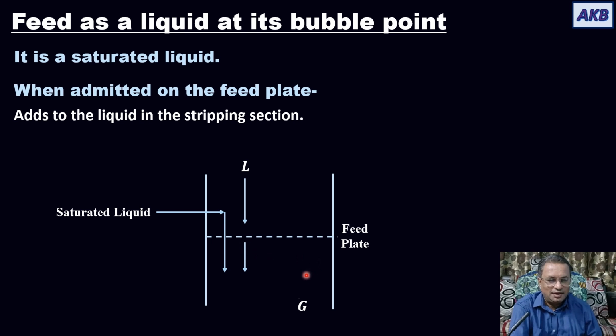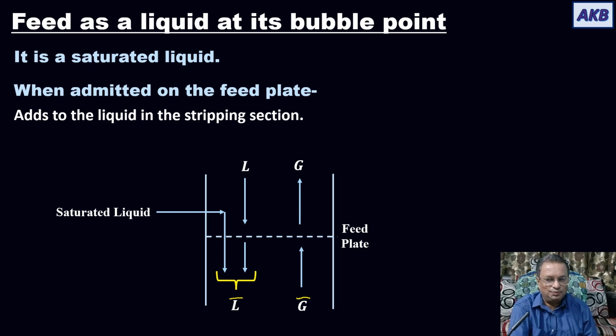Whereas the vapor coming from the stripping section will go to the feed plate and then rise from the feed plate. Nothing is going to happen with the vapor.